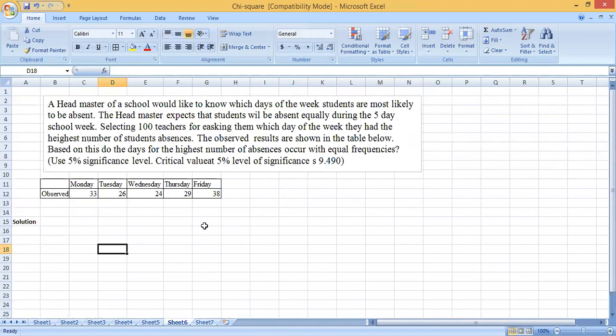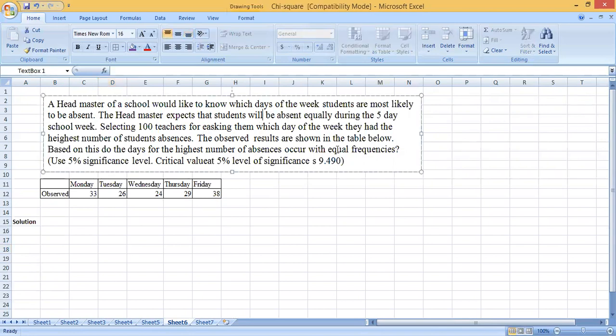Look, a headmaster of a school would like to know which days of the week students are most likely to be absent. The headmaster expects the students will be absent equally during the 5-day school week.